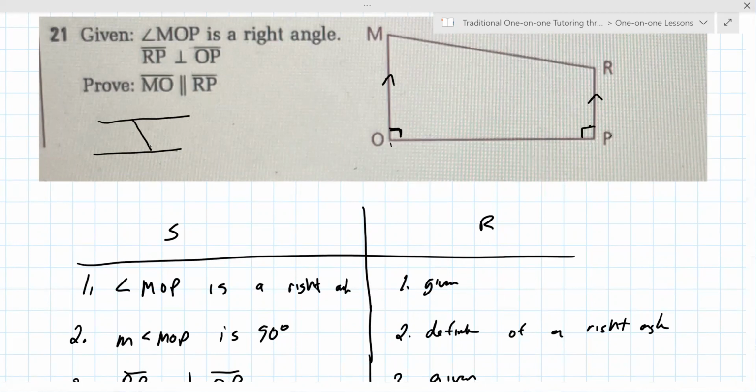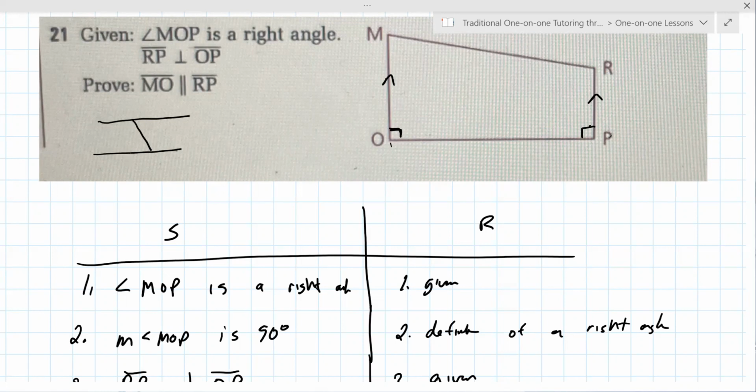I know the alternate interior angles. That's right. Anything else? The corresponding angles. Yes, very good. Anything else? How about things that are not just congruent? Are there any things that add up to something? The supplementary and complementary.